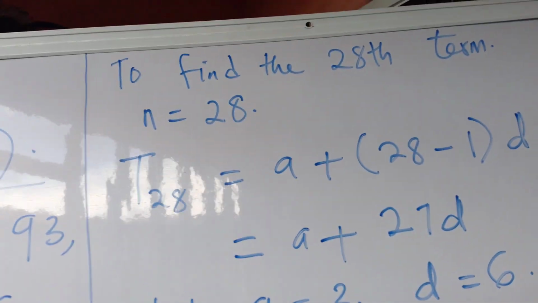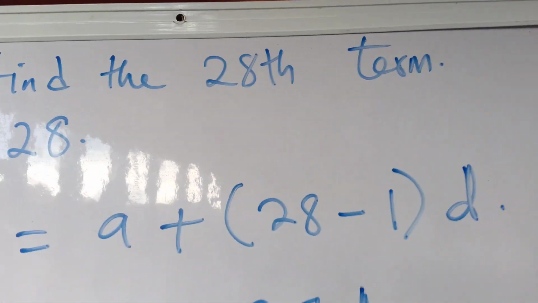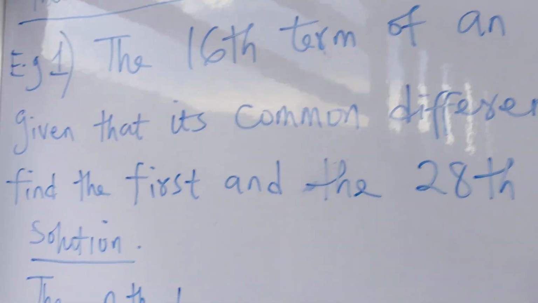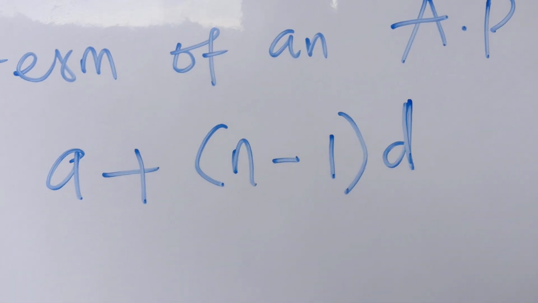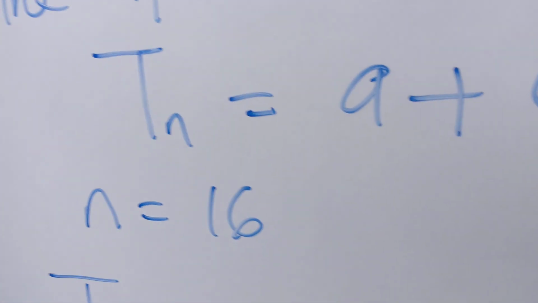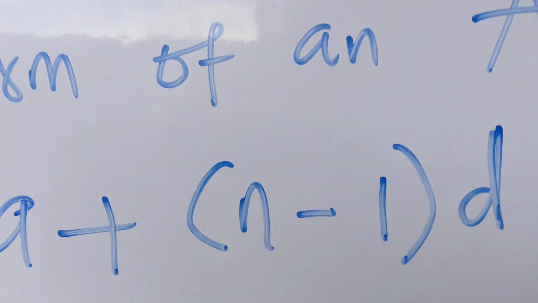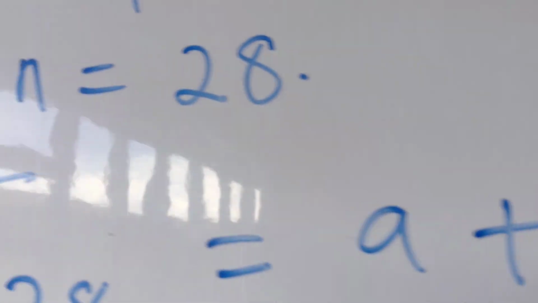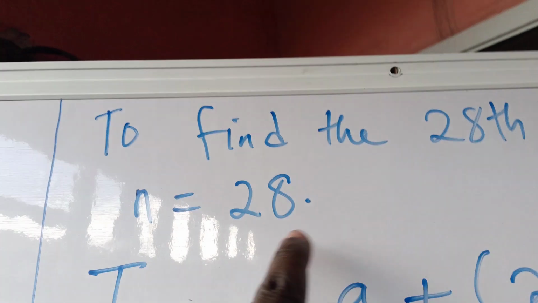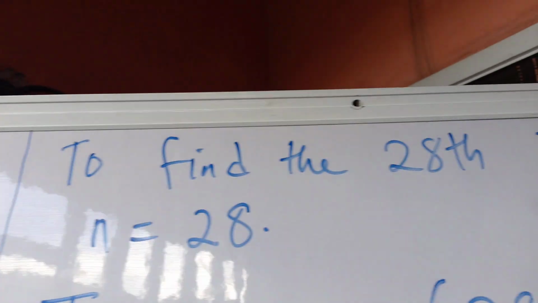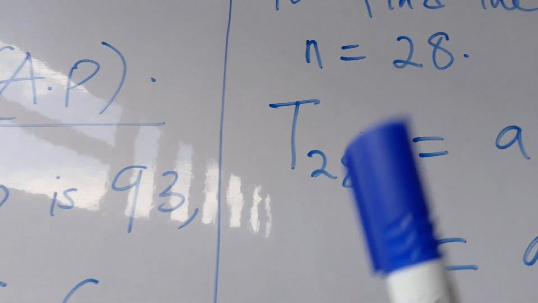They said to find the 28th term, you use the formula for the nth term of an AP, and the nth term of an AP is Tn equal to A plus open bracket n minus 1 times D. In this case, the number of terms is 28, so n is equal to 28. That is when you are considering the 28th term. So if n is 28, substitute into the formula.